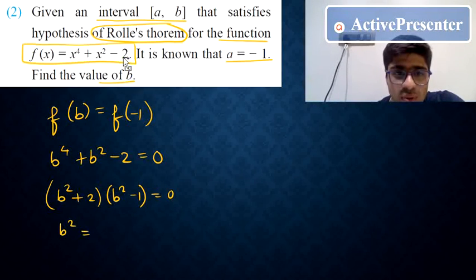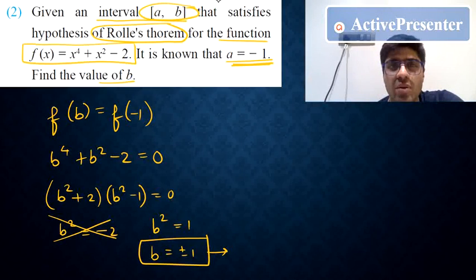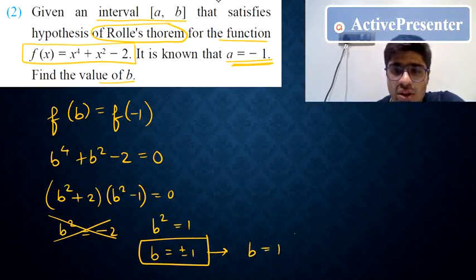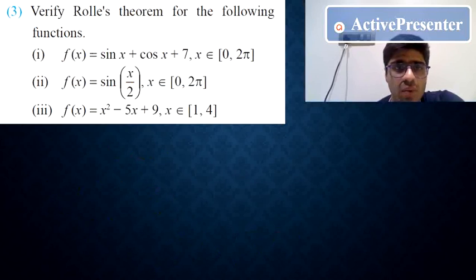So either b square will be minus 2, which is not possible, so we eliminate that possibility, or b square will be 1, so b will be equal to plus minus 1. But already a is minus 1. So for specifying an interval a to b, b can't be minus 1. So the only leftover possibility for b is b equal to 1. So the value of b out there is going to be 1.